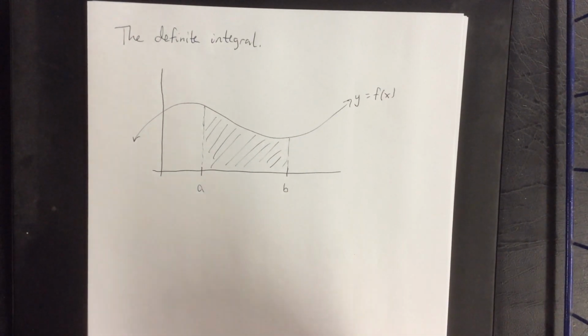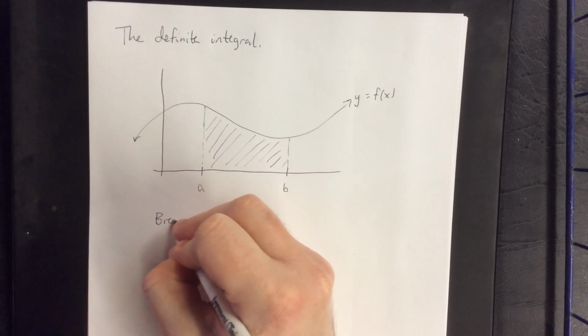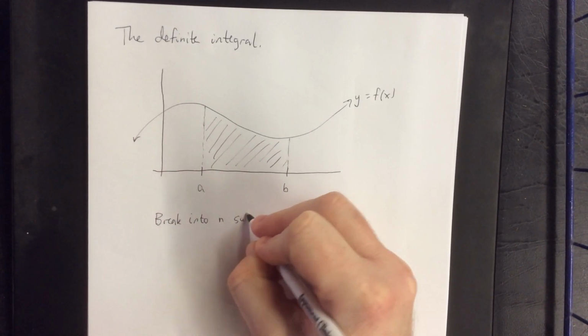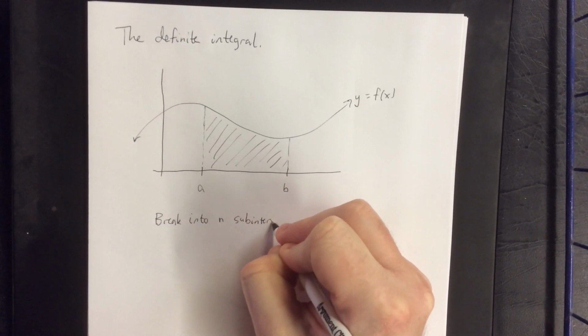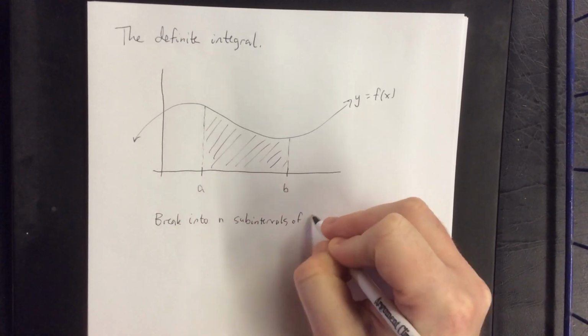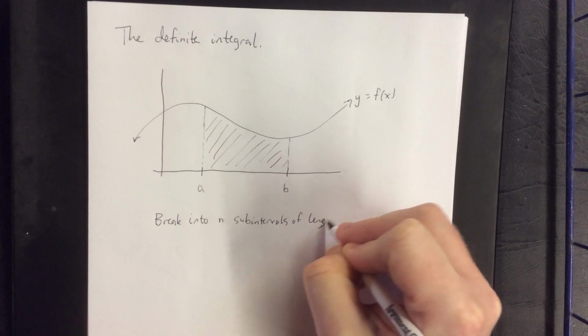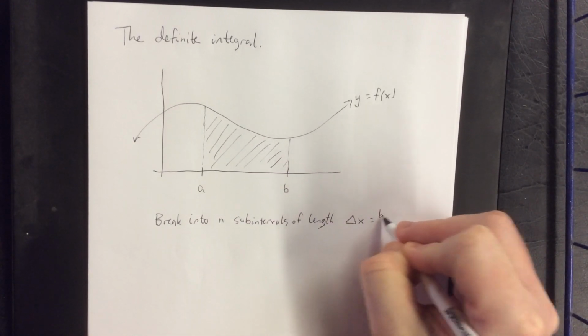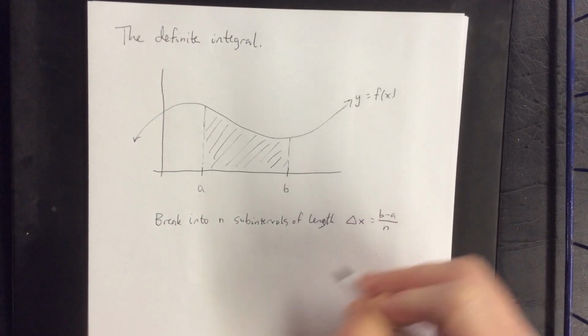The way that we did so is we said break this into n subintervals. The length of those subintervals is going to be delta x, and that is b minus a over n.